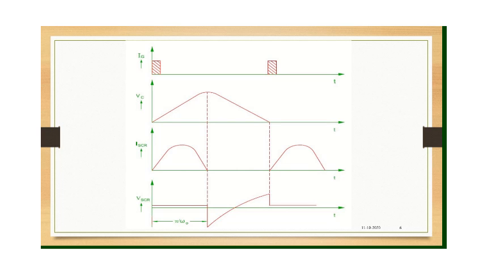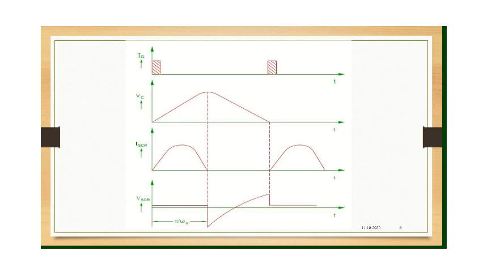If you observe the voltage across the SCR, the moment the SCR turns on, the voltage across it is minimum. When it is turned off, a reverse voltage is applied in order to remove the excess charge carriers. This is the turn-off time period of the SCR. Observe there is no current across the SCR at this point. Observe the voltage across the capacitor. In this stage, when the SCR is turned off, the capacitor is discharging via RL.